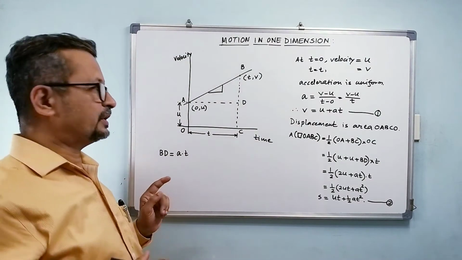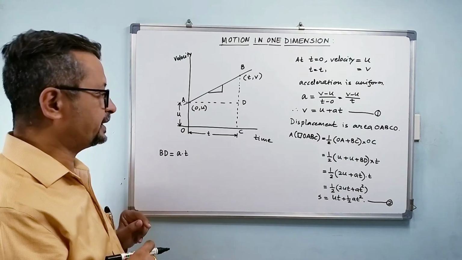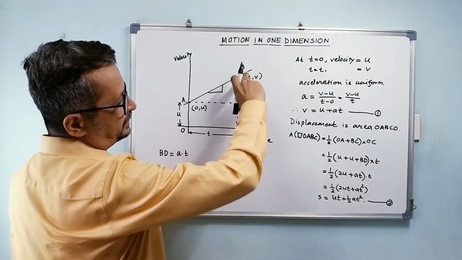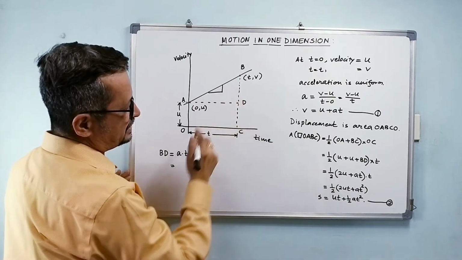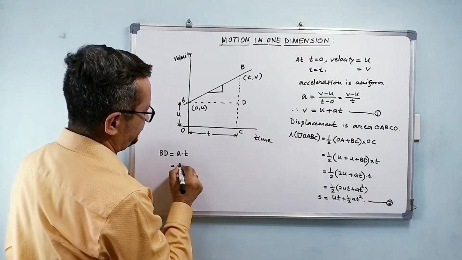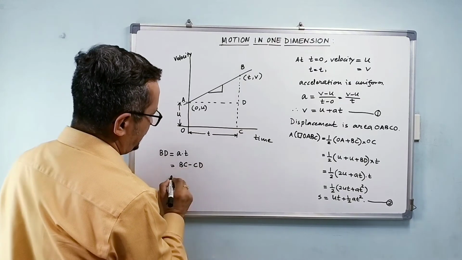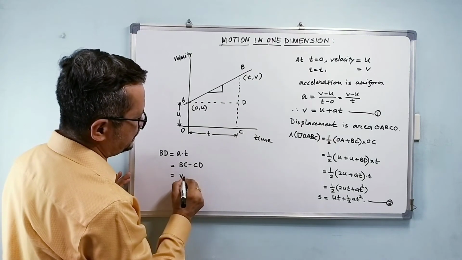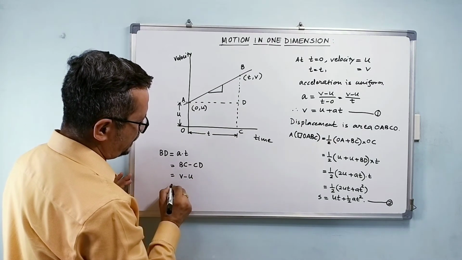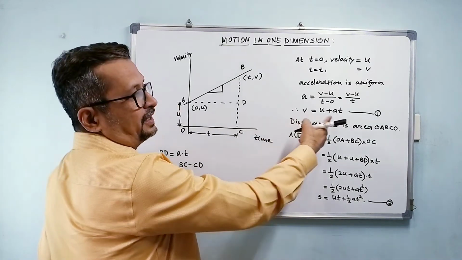Now again you will have one question: why have I written BD is equal to at? If you see BD here, BD is equal to BC minus CD. BC is equal to v and CD is equal to u, and v minus u, if you see here, is it not at?